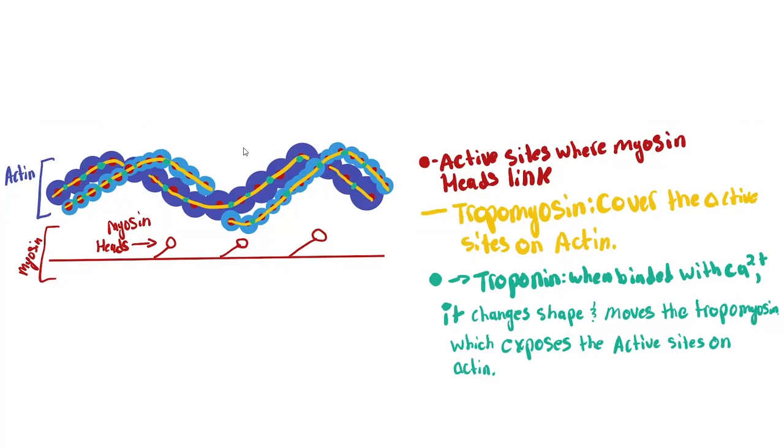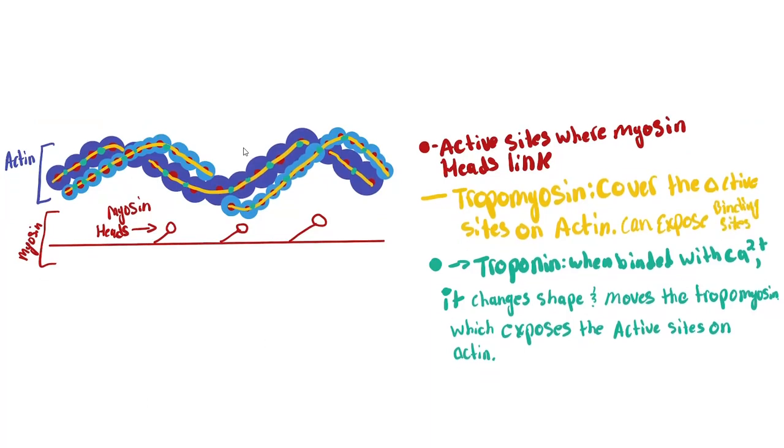So like I said, it has tropomyosin, which is a long strand, and it covers the active sites. It can either cover or expose, I should say, binding sites.